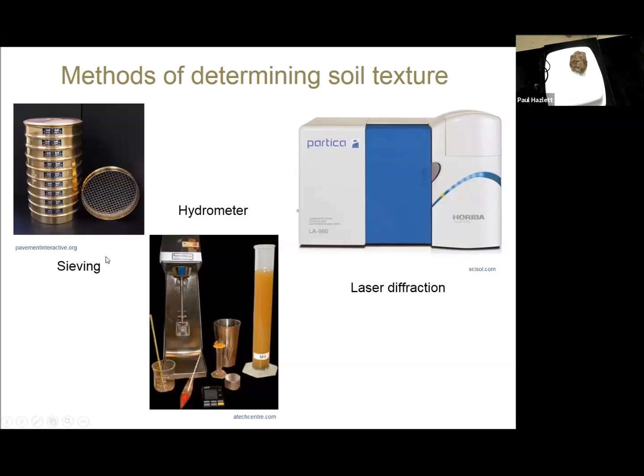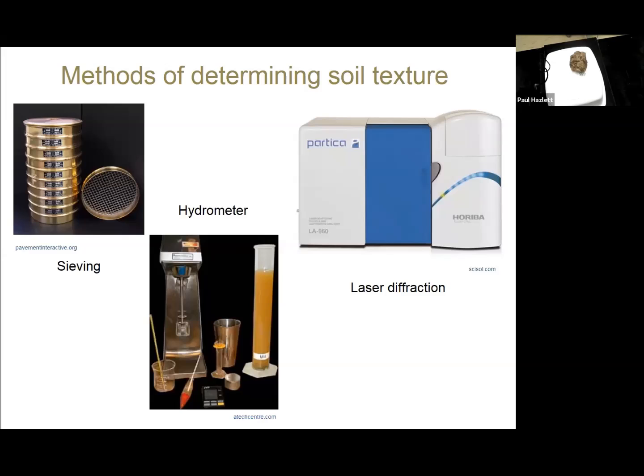The precision is not so good with this technique, and also it's really important in this technique to break down the soil sample to its primary particles. So you have to either use some kind of a mechanical mill or a mortar and pestle or a rolling pin to break up those structural aggregates that I talked about earlier.